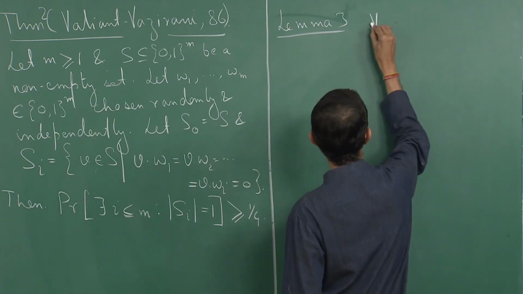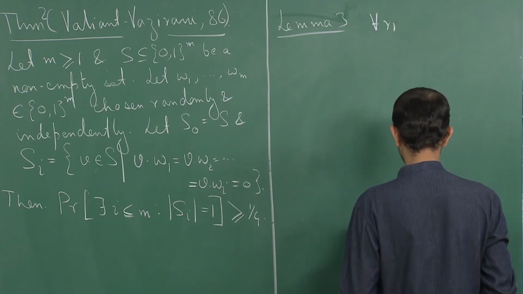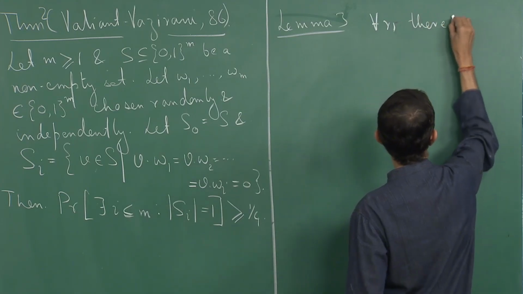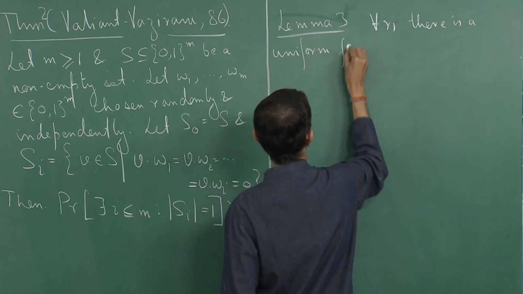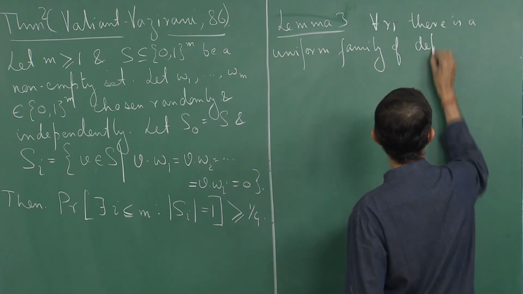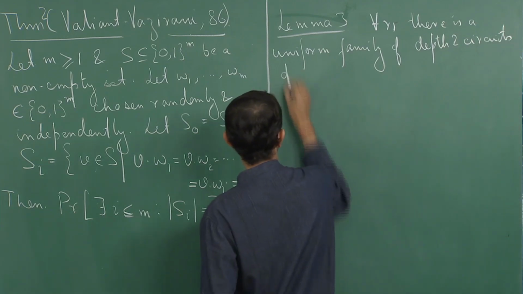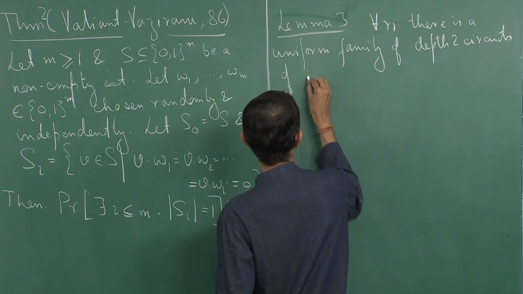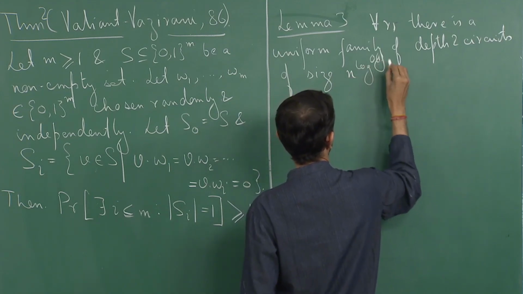So, for all r, there is a uniform family of depth two circuits of size n to the power log to the power O(1) of n.